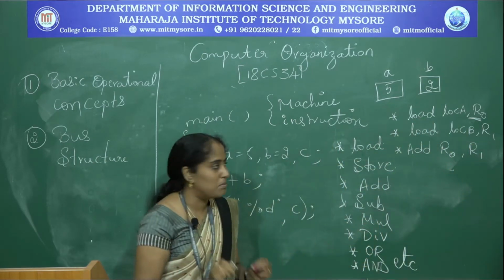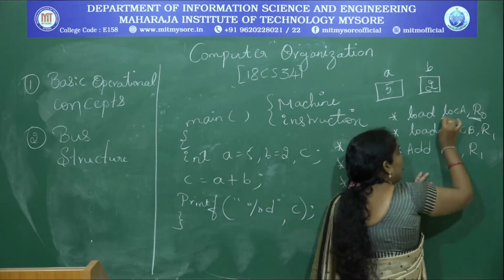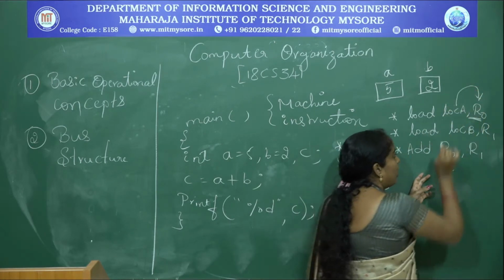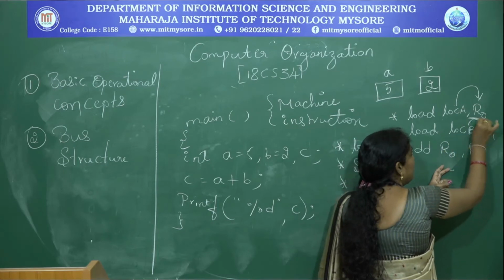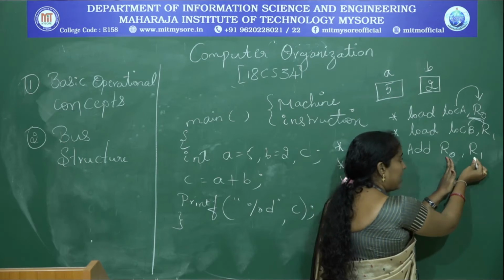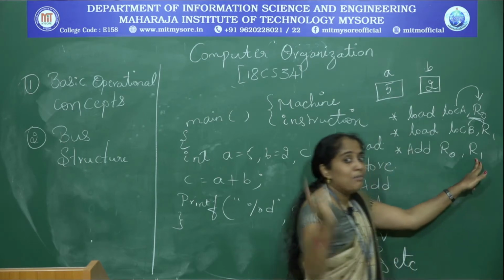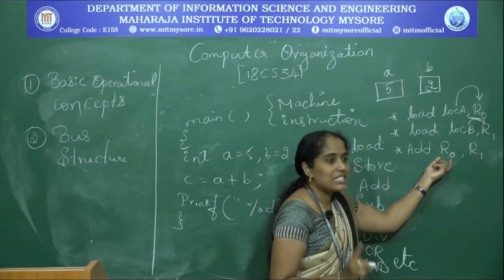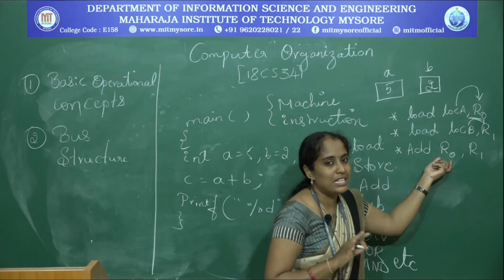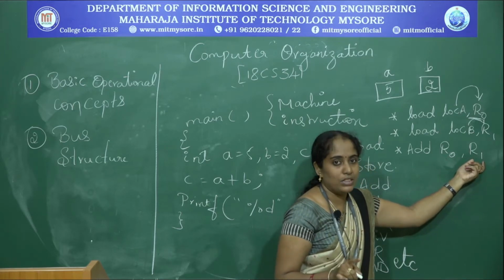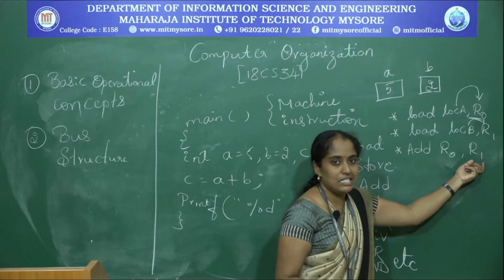Next is the add instruction, add R0 comma R1. Please remember, the location A data will be stored in R0, and in the same way the location B value will be stored in R1. Here we are adding R0 and R1, but the result will be stored in R1. So the previous content of R0 remains the same, but the R1 value is replaced with the new value, that is the result.